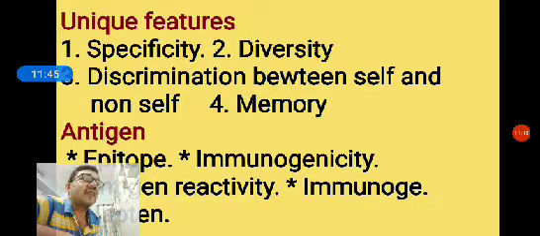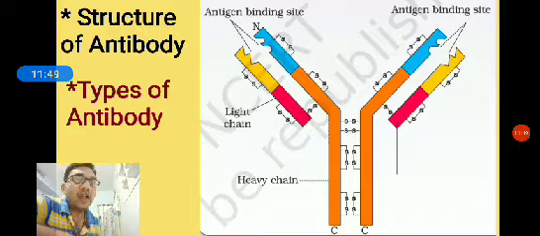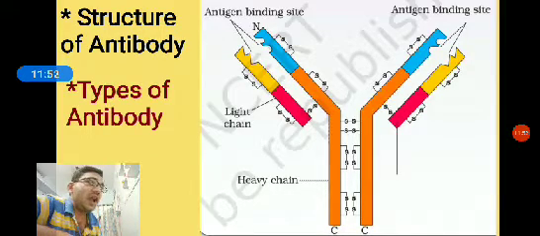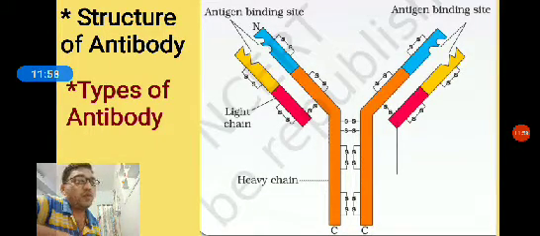Antibodies, or immunoglobulins, are defined as a special type of protein produced by lymphocytes of the immune system in response to antigen.